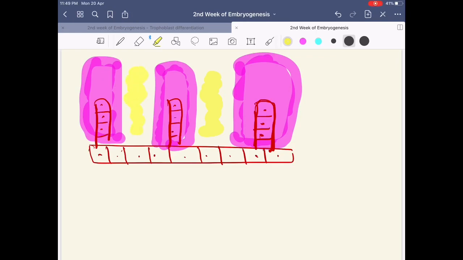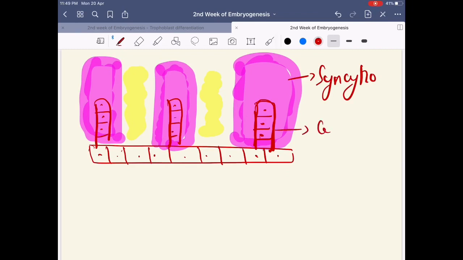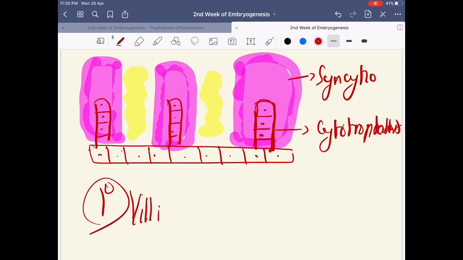Those are your lacunae, of course, the pink one here is your syncytiotrophoblast, and this is your cytotrophoblast. Together the syncytiotrophoblast along with the cytotrophoblast form what is called your primary chorionic villi. And when is it formed? It's formed during the 11th to 13th day of fertilization.